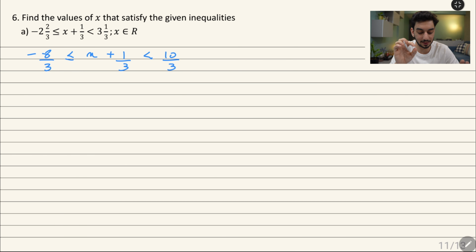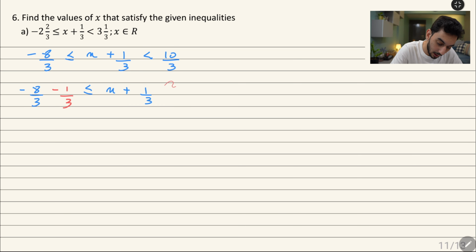Okay, I need to get rid of that 1 over 3 from the middle. If I just subtract 1 over 3 from all the things, my answer would be good. So negative 8 over 3 minus 1 over 3, less than or equal to x plus 1 over 3 minus 1 over 3, less than 10 over 3 minus 1 over 3.